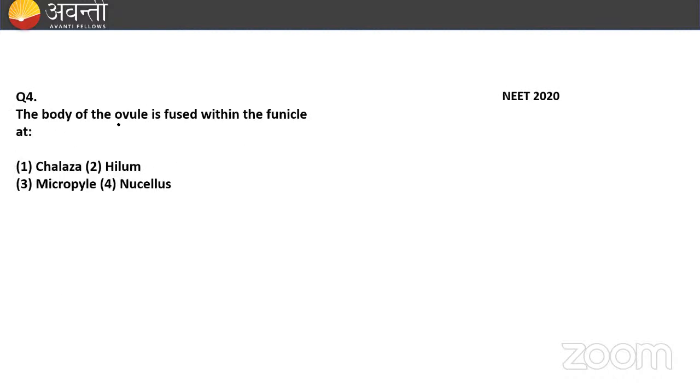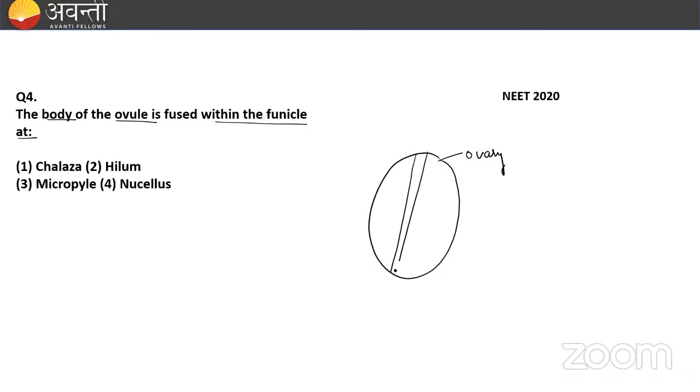So those who have answered 2, they are absolutely correct. Correct option is hilum. They're asking the body of the ovule is fused within the funicle at. I told you. I'm drawing a very simple diagram so you can easily understand it.